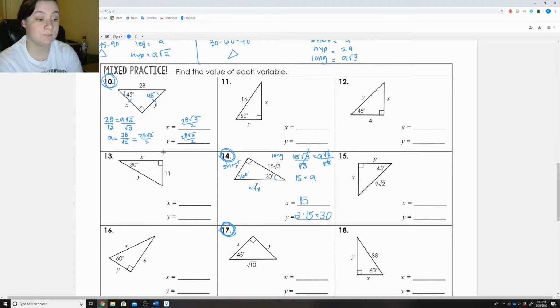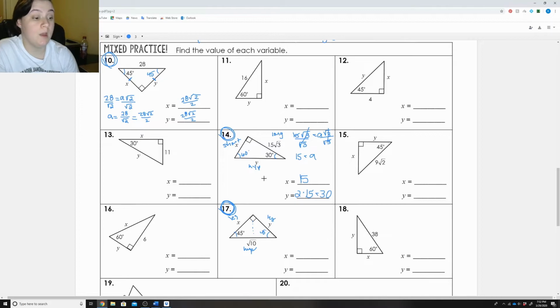Let's look at number 17 now, okay? So it gives us that we have a 45, 45, 90 triangle. So we have the legs and the hypotenuse. You can see that this is a leg, that's a leg, and this side across from the right angle is the hypotenuse.